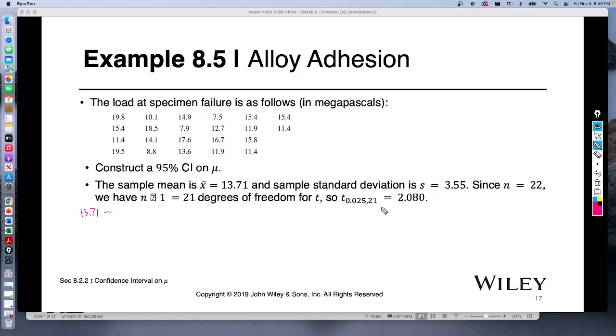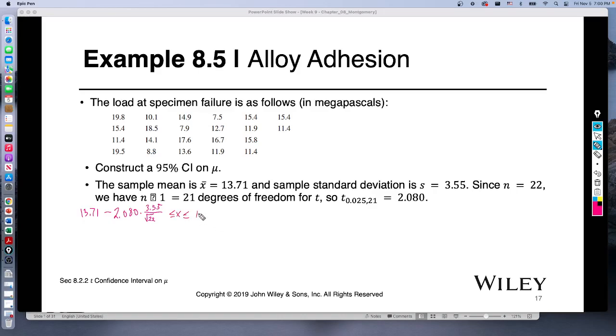We're going to subtract the t value, which we looked up, 2.080, multiplied by the standard deviation divided by the square root of n. So 3.55 divided by the square root of n. Well, that's 22, of course. We know what n is. The square root of 22.